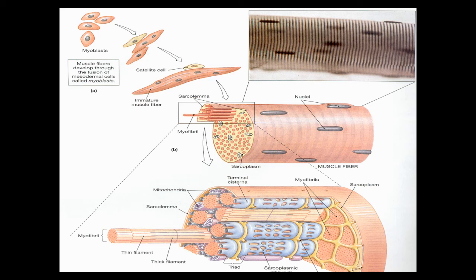Again, the light bands are thin filaments, which is actin, troponin, and tropomyosin, and the darker bands are the thick filaments, which is the myosin. You can see there, again, the sarcolemma is the cell membrane. There's many mitochondria. You can see the cisternae is the ends of the rounded portion, large portion of the sarcoplasmic reticulum. You can see that there's the T tubules that go all the way down in there.